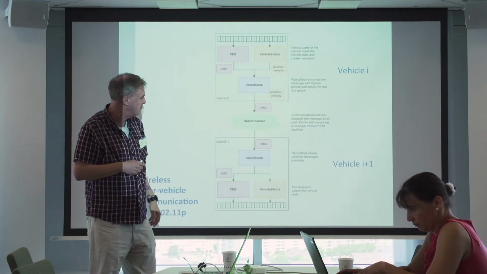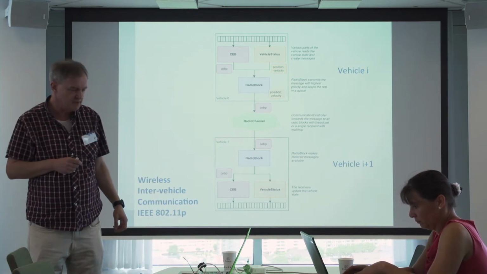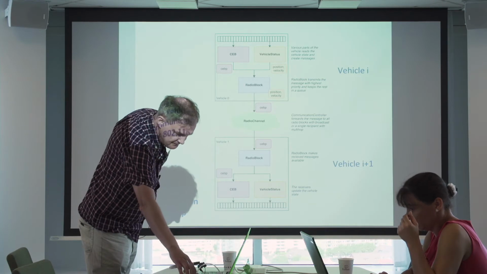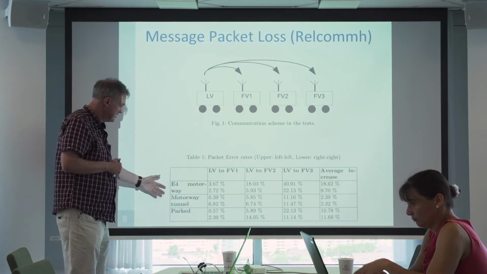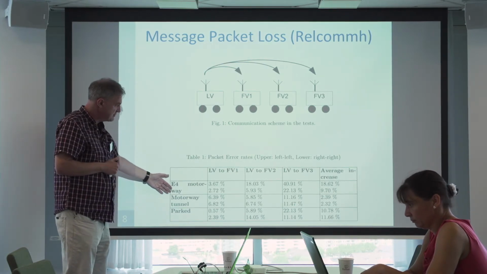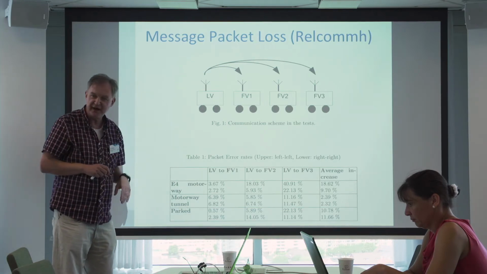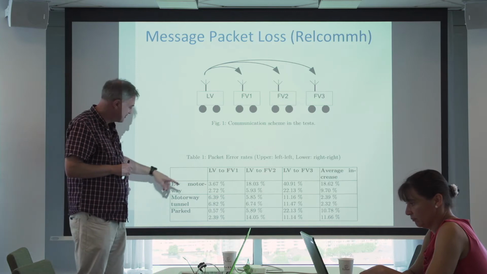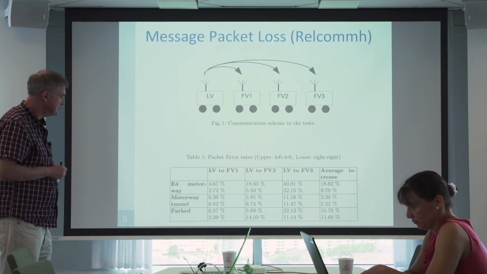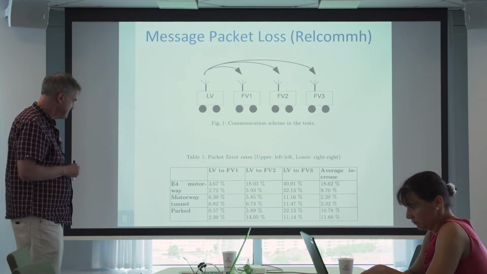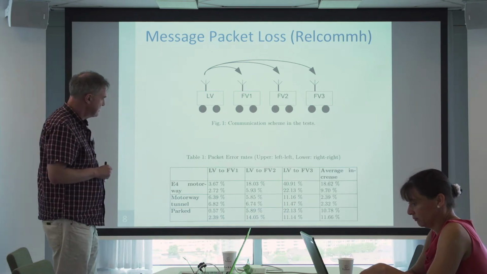My colleague Karl Bergenham has been very interested in noise modeling here, so we've been building more and more accurate noise models based on his empirical measurements for platoons. He has measurements of packet loss, both on the MIMO, multiple input, multiple output solution, so a left and a right hand side antenna, which for reasons unknown to me give different values of packet loss. And he has measurements in different geographic regions.